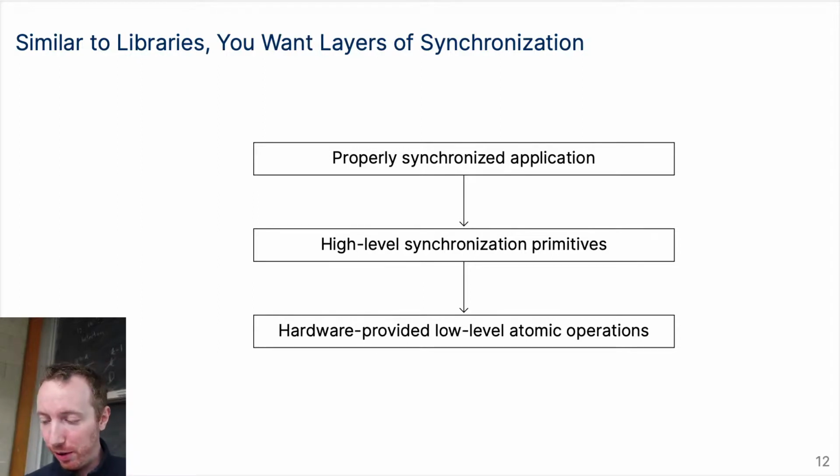So you need some hardware-provided atomic operations in order to implement the locks. On the next slide, we'll see our attempt at creating a lock. And then above that, you'd want some high-level synchronization primitives like mutexes that are much easier to use. And then building on those, you hopefully have your properly synchronized application.